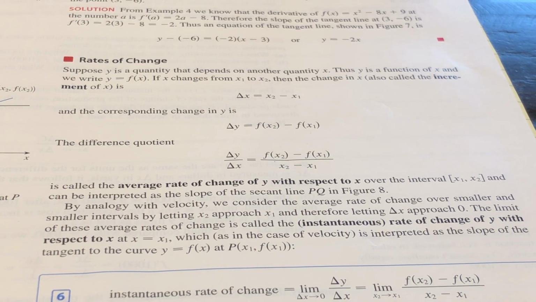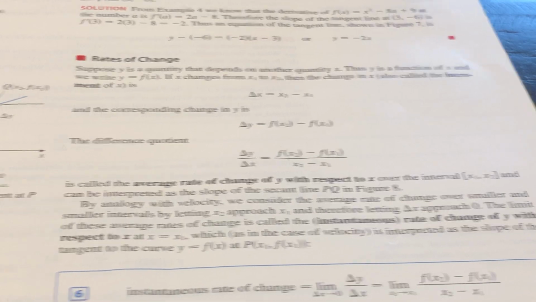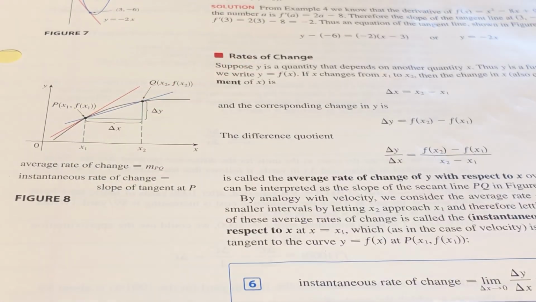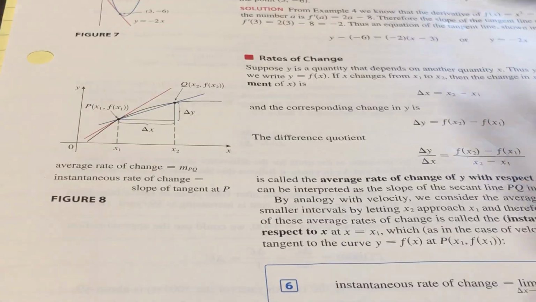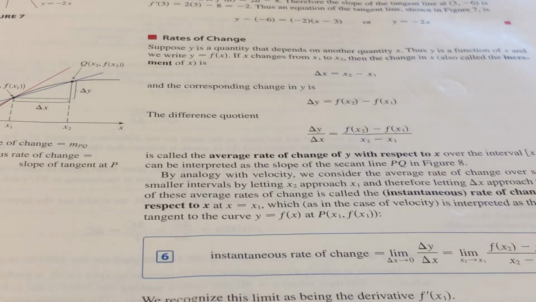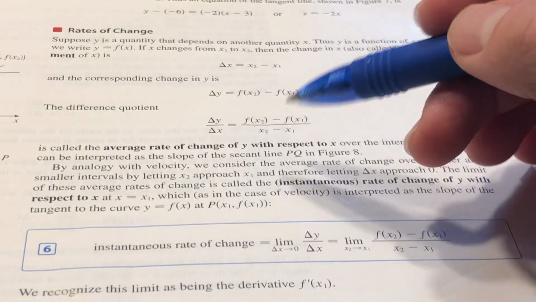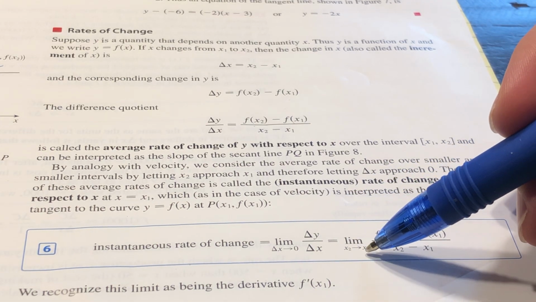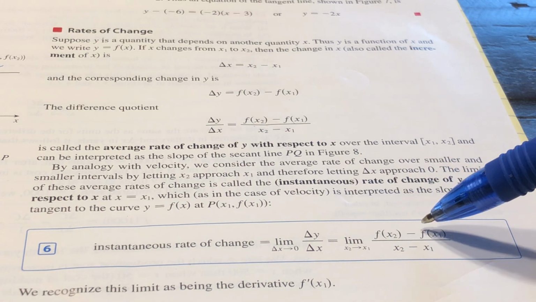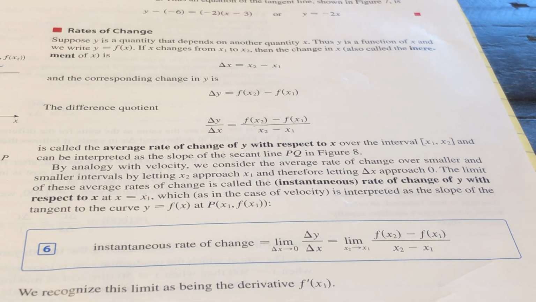The limit of these average rates of change is called the instantaneous rate of change of y with respect to x at x1, which, as in the case of velocity, is interpreted as the slope of the tangent line to the curve right there. So instantaneous rate of change is the limit as delta x approaches 0 of delta y over delta x, which is the limit as x2 approaches x1 of f of x2 minus f of x1 over x2 minus x1.